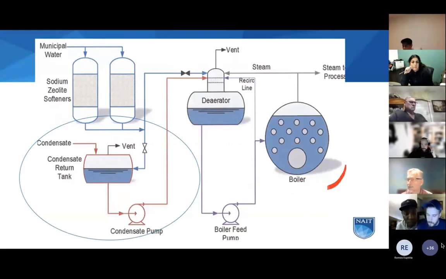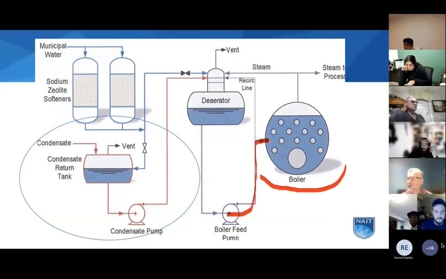So, a basic steam system. We've got our boiler. We're boiling water. The water is coming in here from the boiler feed water pump and entering the boiler, and we're going to heat it up and create some steam. Steam goes to wherever we're using it.